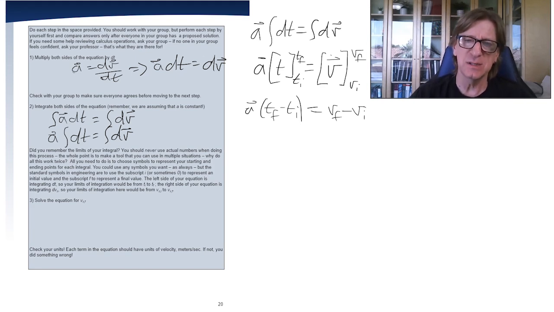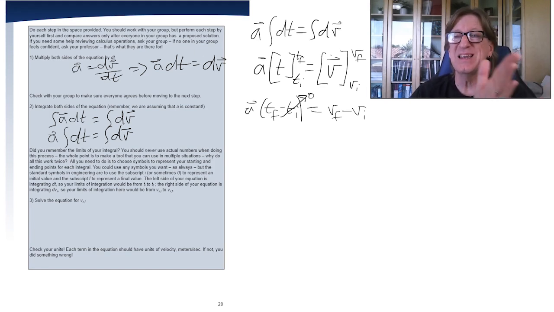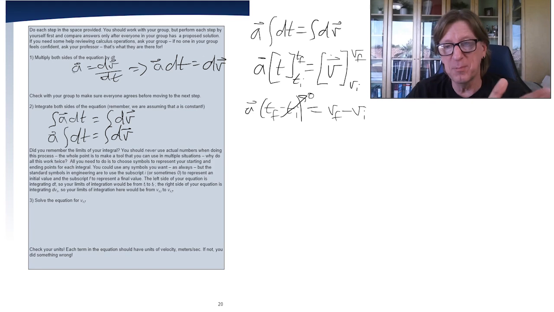Now here's the second assumption that we're going to make. We have the freedom to start our clock anytime we want. So why not start your clock at the time that you're interested in seeing this change in motion? Because remember, kinematics is a description of the motion. If we start our clock at that point, well then our initial time is simply going to be 0. Now the final time then simply becomes the elapsed time from wherever I was interested in the motion.